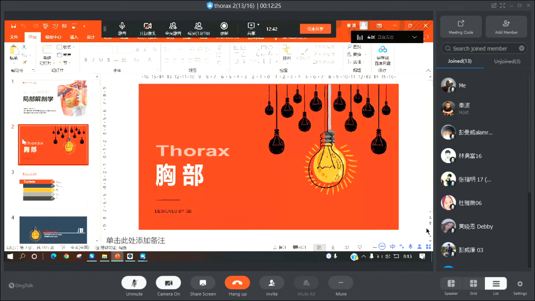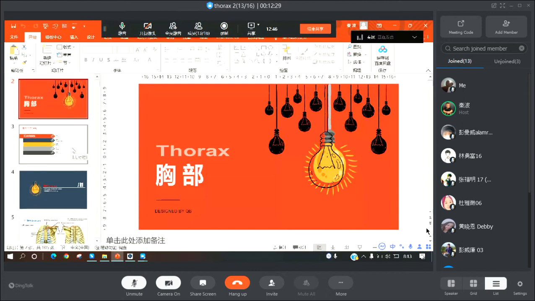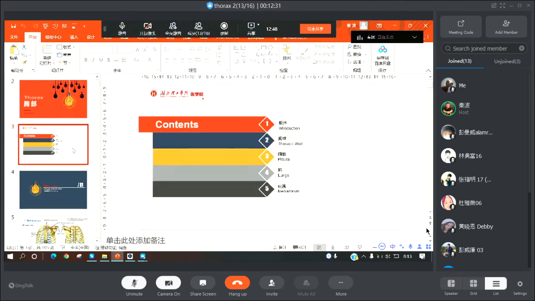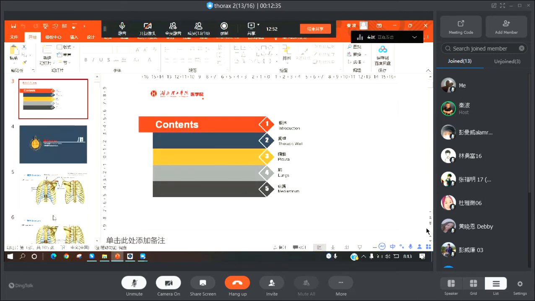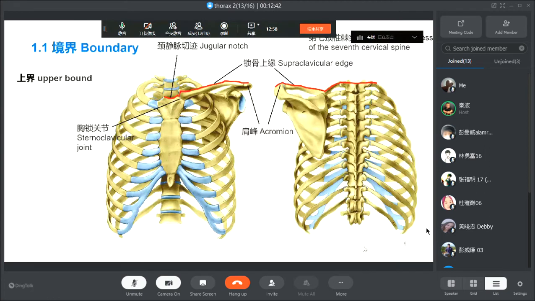So let's review it. I think some students don't remember this structure, which is important. So do you know? This picture shows the structure of the thorax.